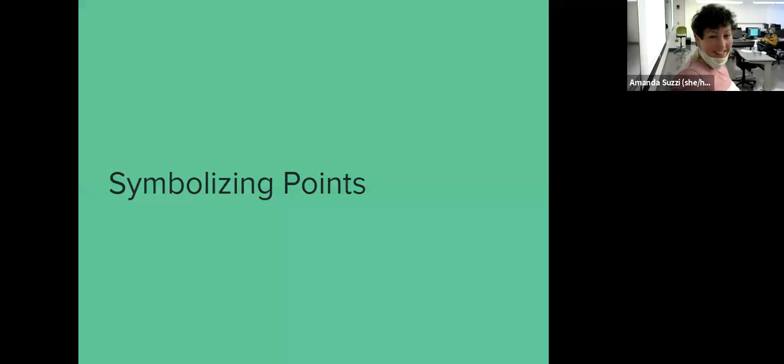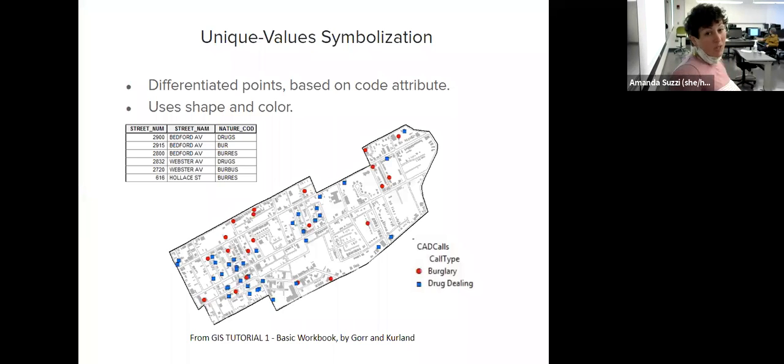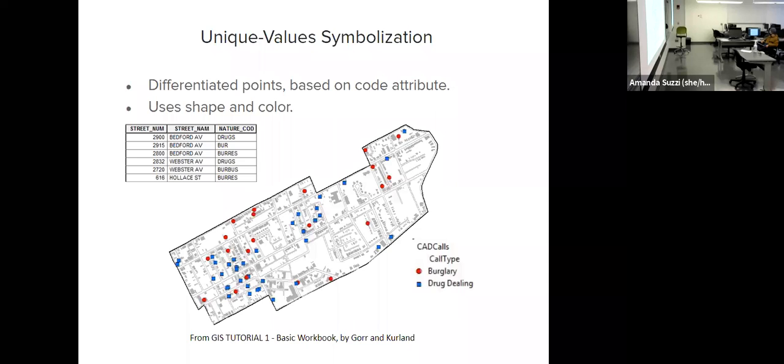It is. Yes. Let's talk a little bit more about symbolizing points. You don't only need to use dots for every point, especially if your map is going to be published in black and white, or you don't know how it's going to be portrayed.